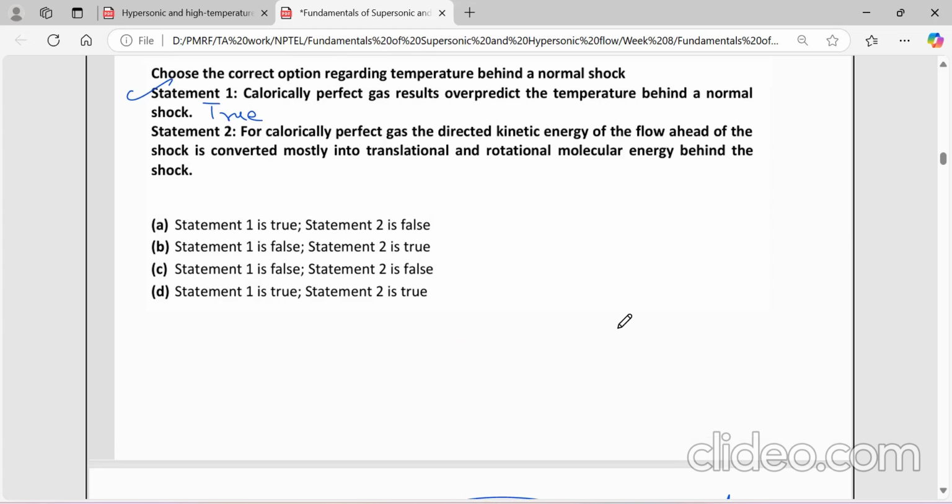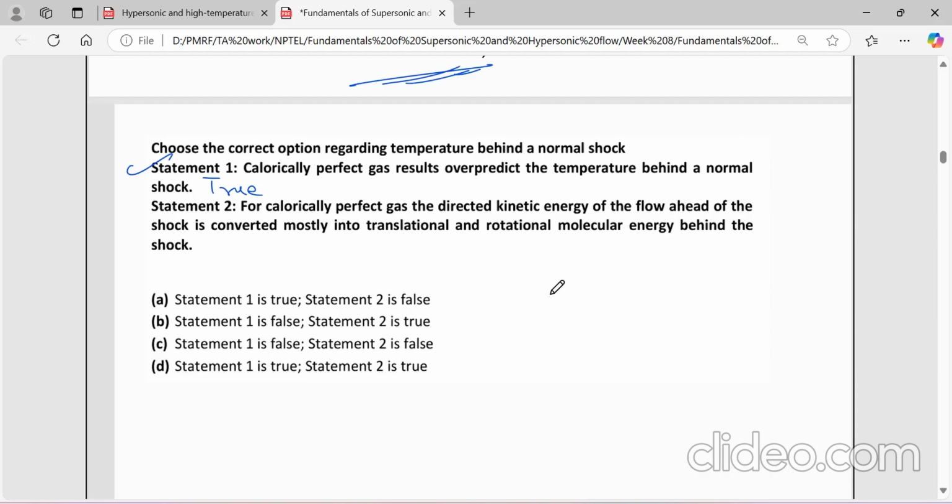And in the calorically perfect gas, there is no chemical reaction happening, so there is no need for energy for dissociation or ionization of the gas. So mostly the energy will go to translational and rotational energy modes. So the temperature will be higher due to high translational energy.